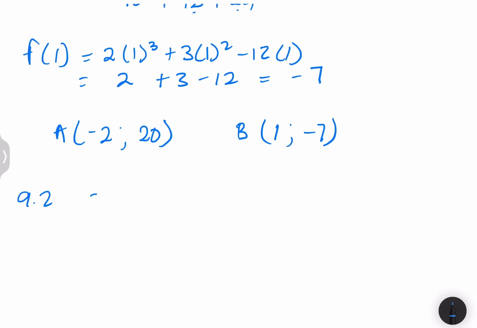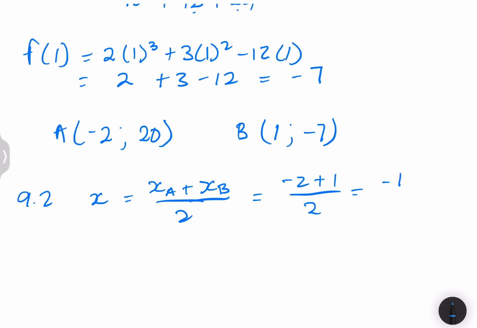So the x value of the point of inflection will be xa plus xb divided by 2. That will be -2 plus 1 over 2, which gives us -1 over 2. So the x value of the point of inflection is -0.5.